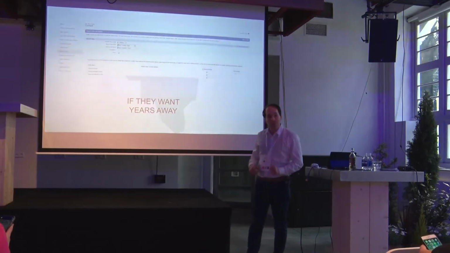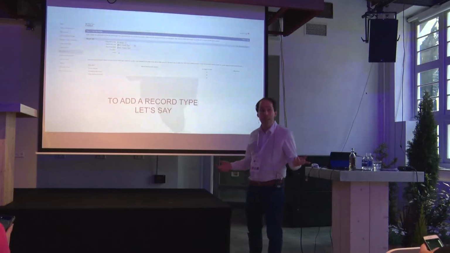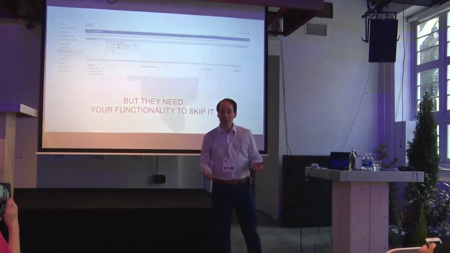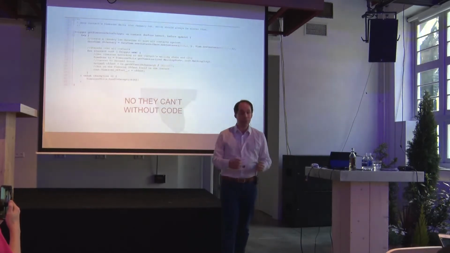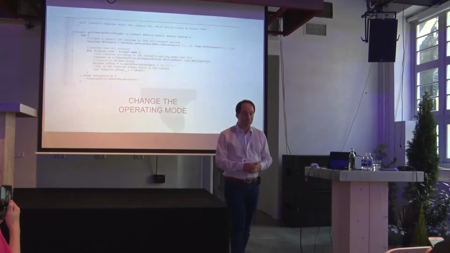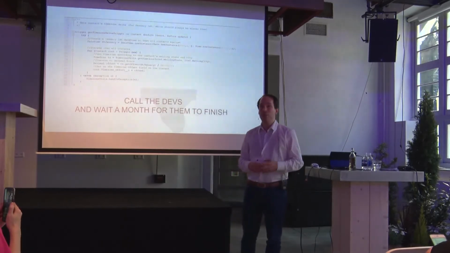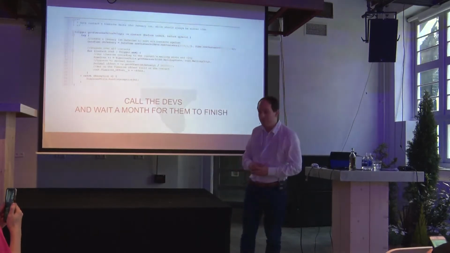If they want to add a record type, let's say, but they need your functionality to skip it, no, they can't without code. Change the operating mode. Call the devs and wait a month until they finish.